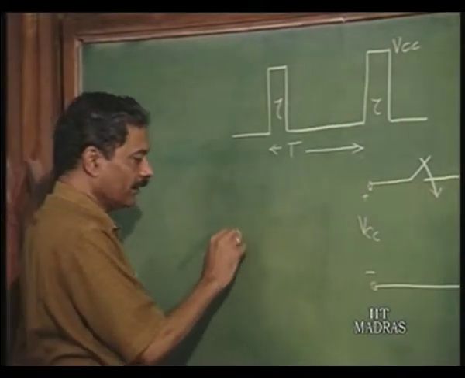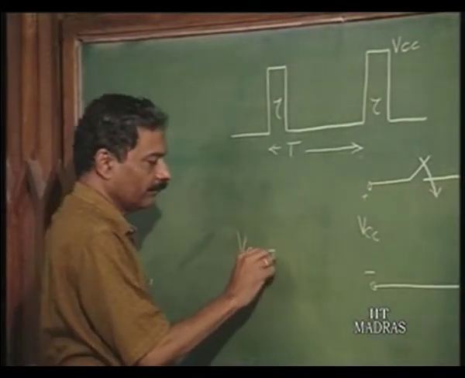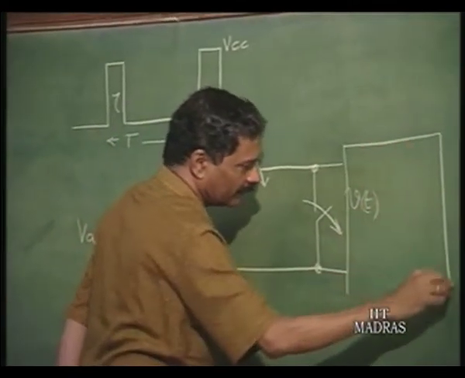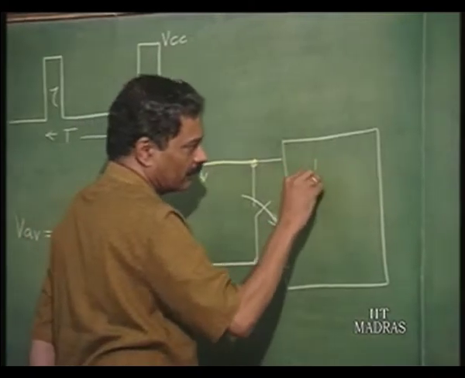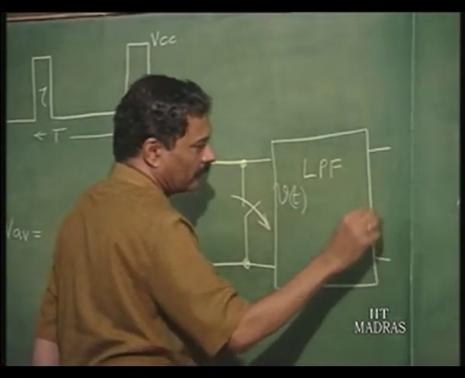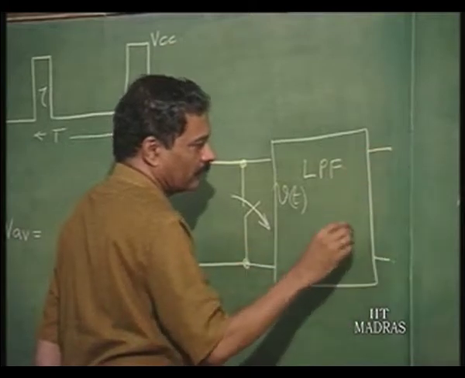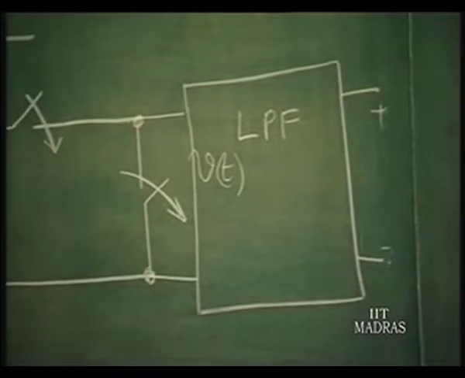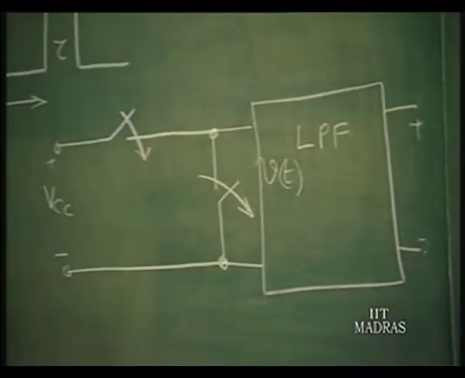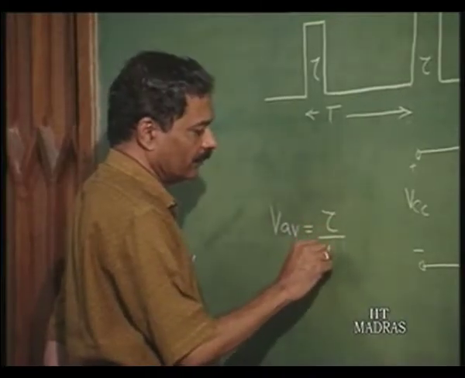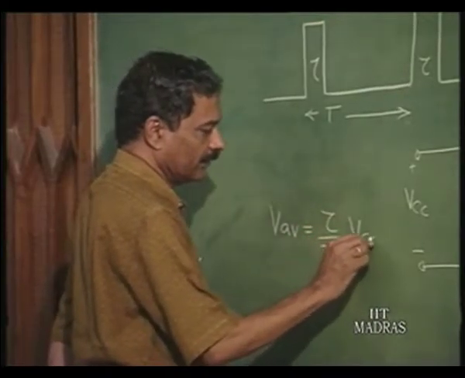The average of this waveform, suppose I pass it through a low pass filter, this will find out the average, and that average is going to be, in this case, tau by T into VCC.